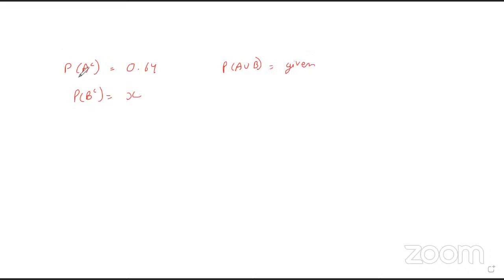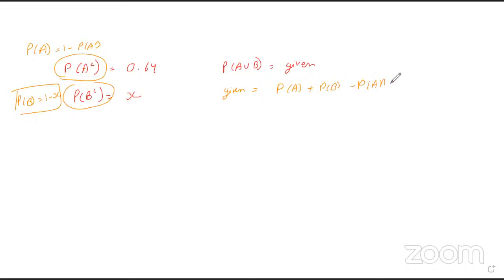If I know A complement, I can compute probability of A, which is 1 minus this. I can compute probability of B as well. You know the formula for A union B: probability of A plus probability of B minus probability of A intersection B, right? We know probability of A and probability of B.